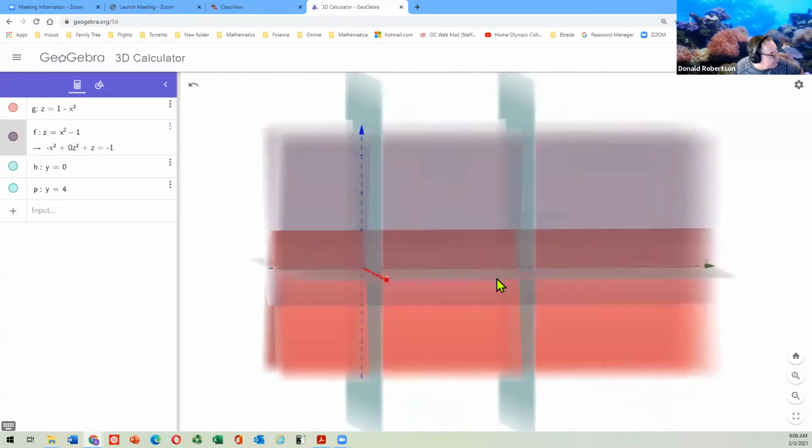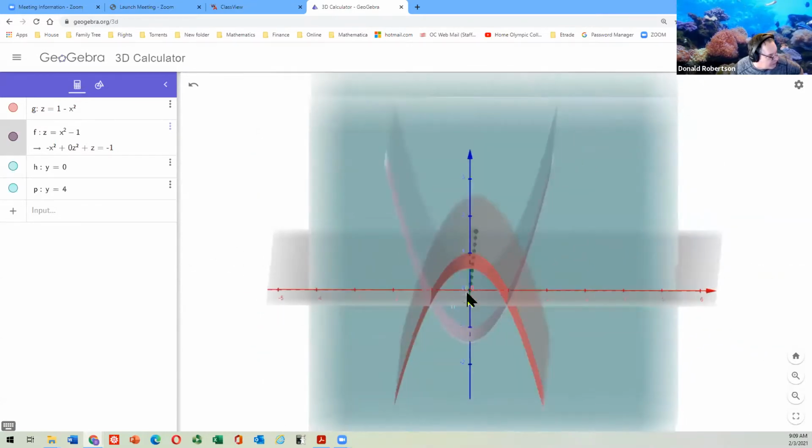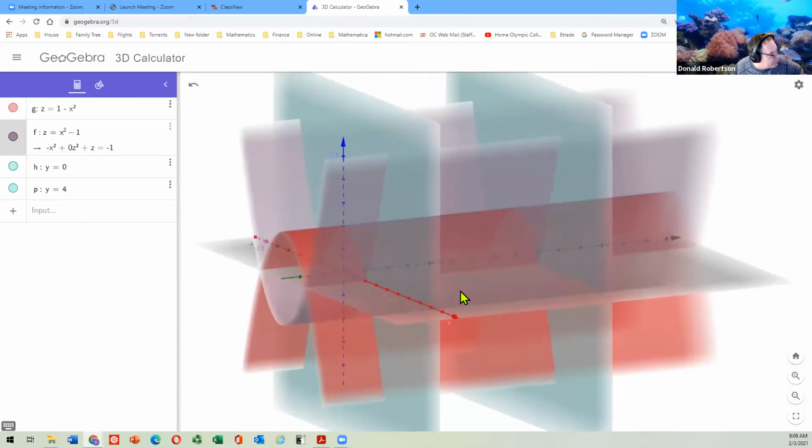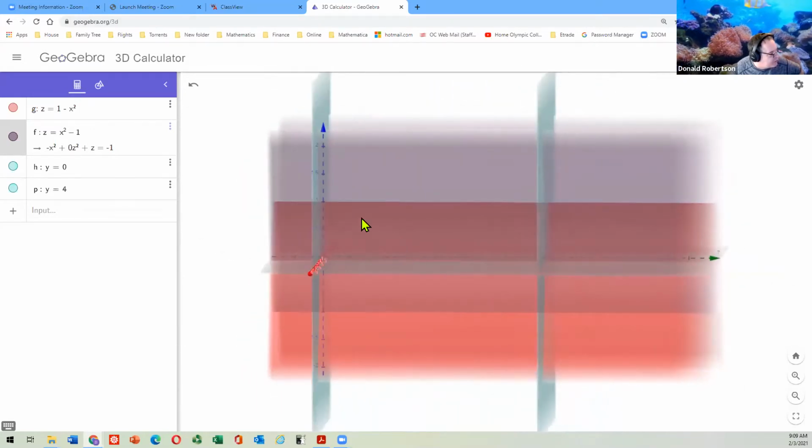Now, these two light blue ones represent y equals 0 and y equals 4, and that's fine. So the shape that we're interested in is essentially this chunk in the middle.